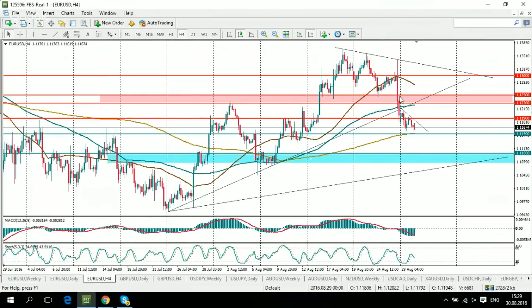So here is our working range for the euro dollar this week: 1.1250 and 1.11. Probably not much, but I am continuing sticking to the view that we won't see very strong, very volatile moves.